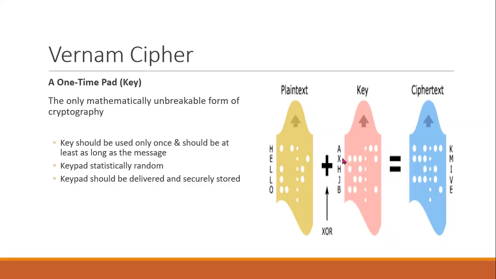Here's the key, and then we've now got the cipher text, which is here. The key should be used only once and should be at least as long as the message. So this message, hello, has 5 characters. The key could be longer, but here the key AXHJB also has 5 characters. A one-time pad, only used once, and that's what makes it secure.